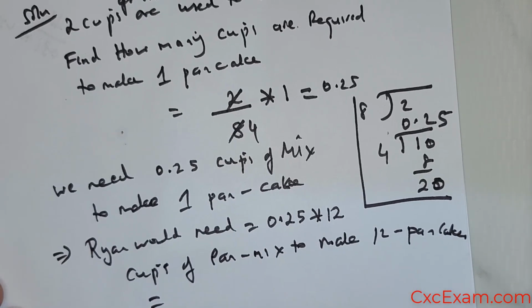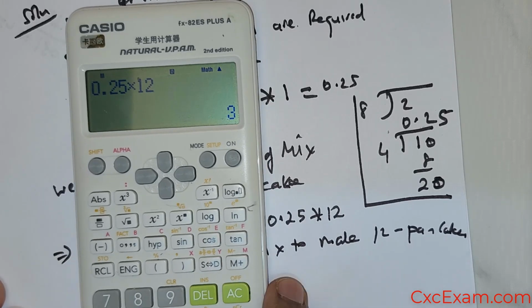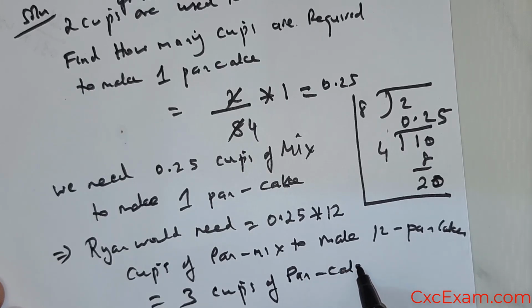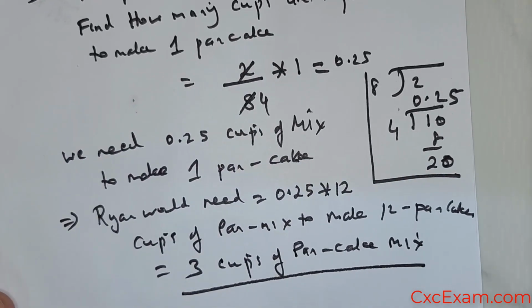So what is this? You can use your calculator. 0.25 multiplied by 12. That will mean 3 cups of pancake mix. So that's the solution.